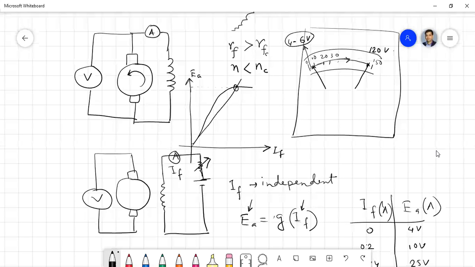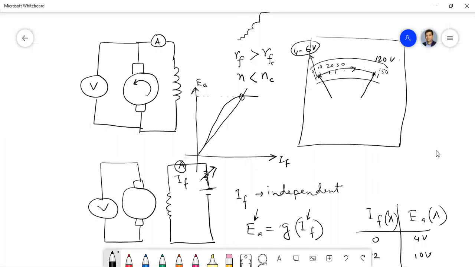Now in case of shunt, you won't get these points because here the field current is not independent. Field current itself depends on the EA. Are you getting? So field current depends on EA, and again EA depends on field current. So therefore, here you won't get all these points except this one. So here all these points are unstable except this point.